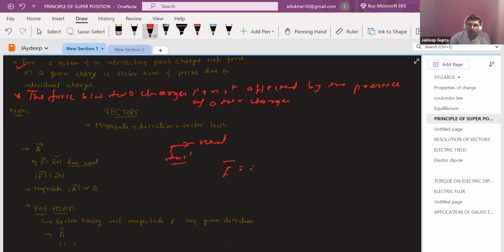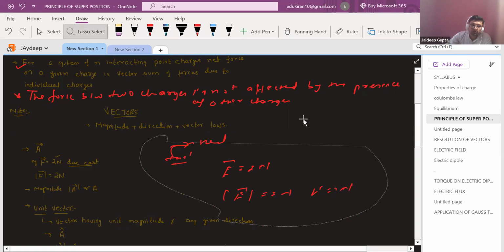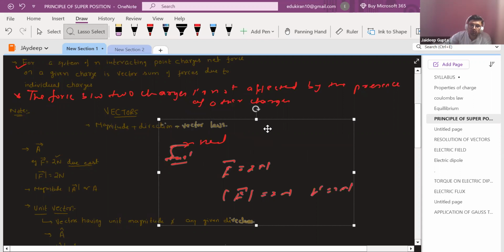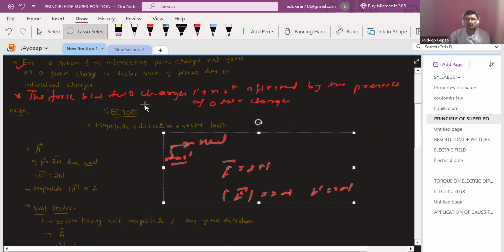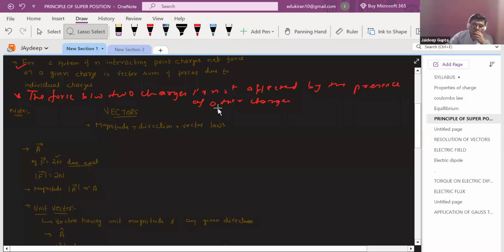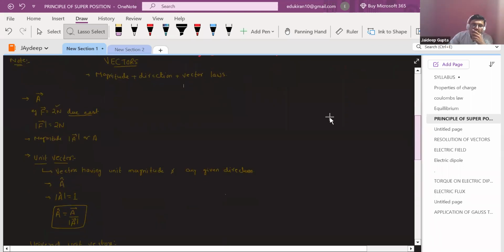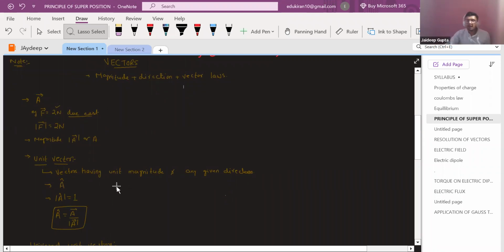This is the magnitude notation. For example, if the force is 2 Newton, to write the magnitude we write |F| or F equals 2 Newton. Next, a unit vector is a vector having magnitude 1 that gives the direction of the given vector.